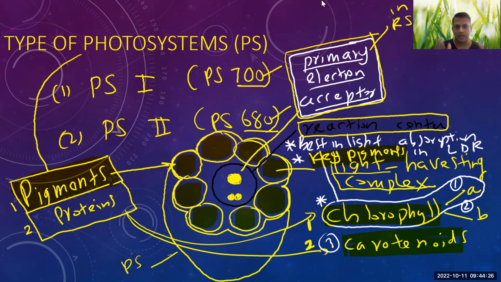Photosystem 1 absorbs the light. Photosystem 2 can also absorb light. The difference is that there are pigments and there are other proteins. That is the composition. When the composition is different, the amount of light absorbed by PS1 and PS2 is different.